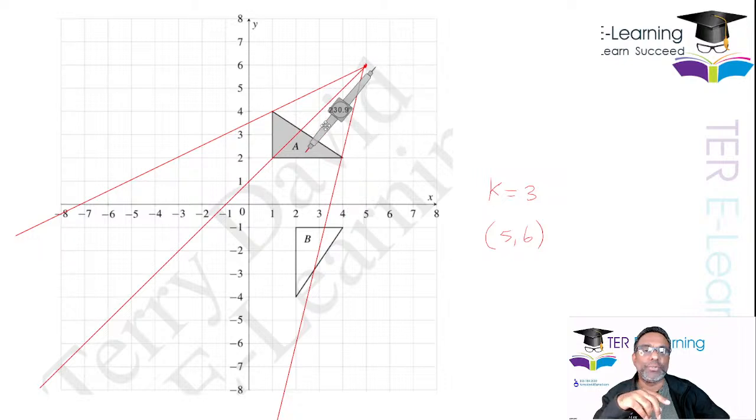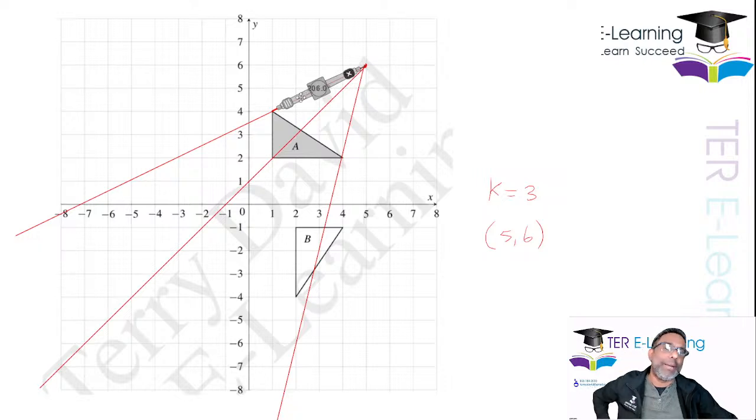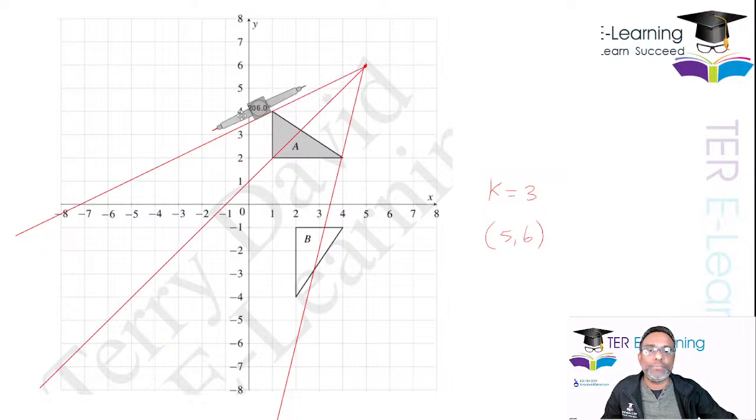So here's what you're going to do. Your center of enlargement was this point here, 5,6. So I would open my divider, that's the one without the pencil, so that I'm reaching one point on the triangle. And then I'm going to measure, because the scale factor is 3. So that's 1, that's 2.